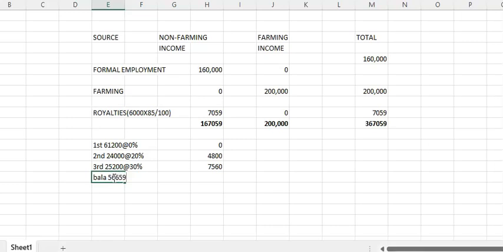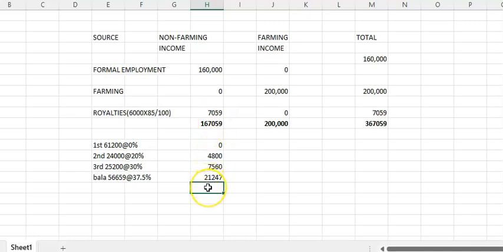This balance will be taxed at 37.5%. So when we do those computations on the calculator, we are getting 21,247. Upon this, we add these three numbers.